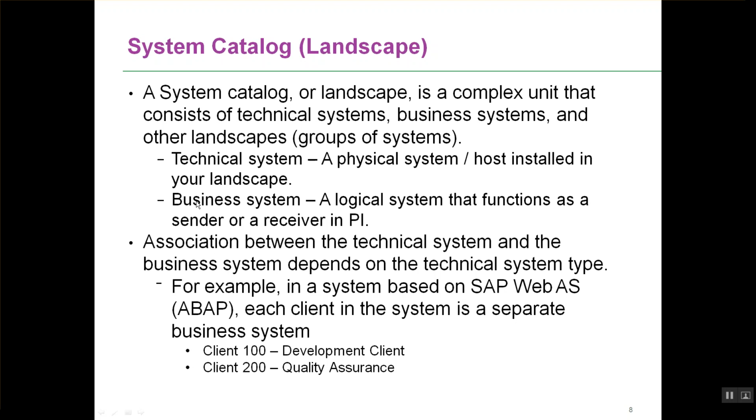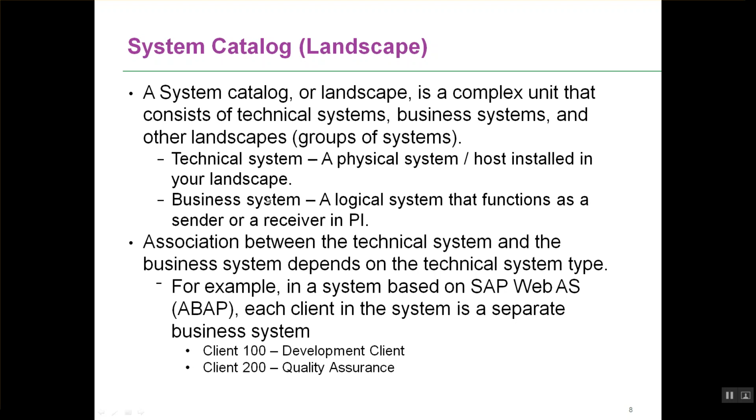A business system is nothing but a logical system that functions as a sender or a receiver in PI. What that means is, for each technical system, you can define one or multiple business systems. Within the PI layer, within the PI integration directory, you will use what we call a business system. So it is just a logical wrapper to your technical system.